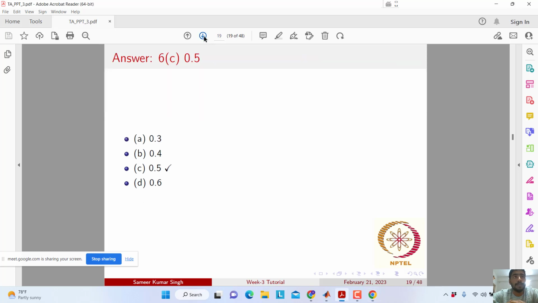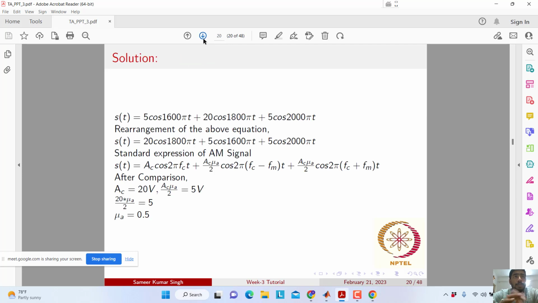Okay. The answer will be part C, and that is the explanation of the question. Actually, we have been given s(t), that is an AM modulated signal. As we know the standard expression of the AM signal, when you expand the expression of the AM signal, you can write it in that form. So there we will try to rearrange accordingly.